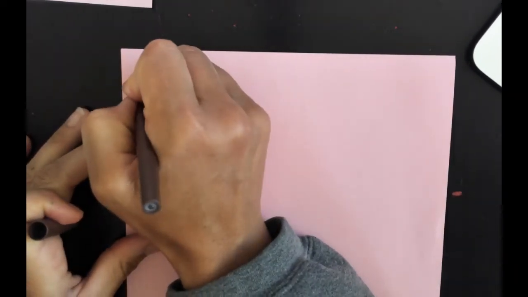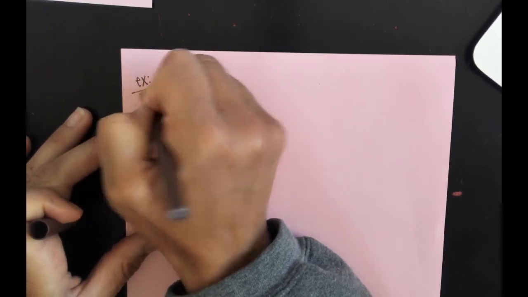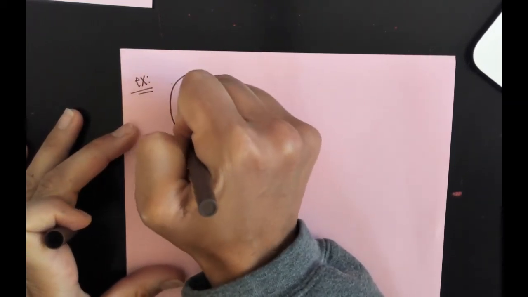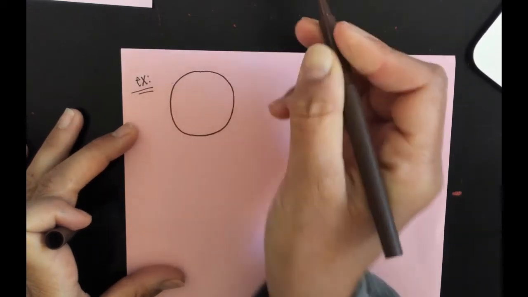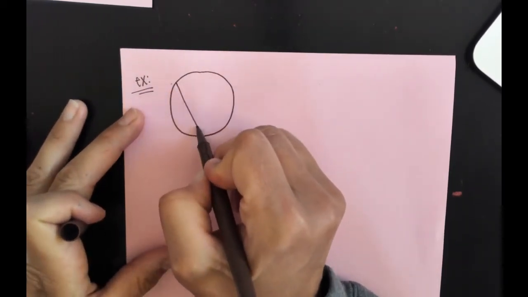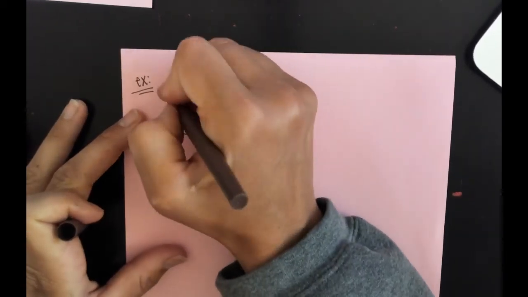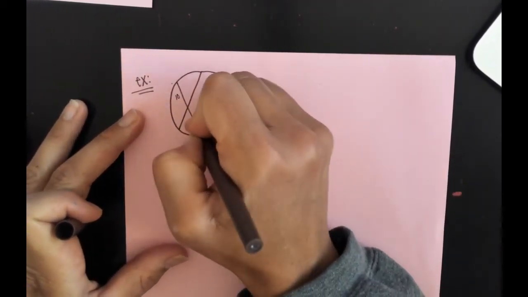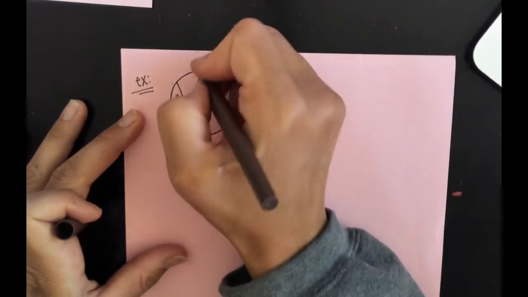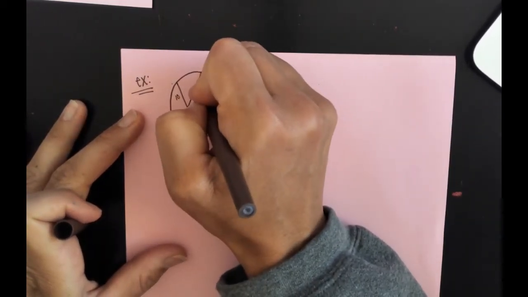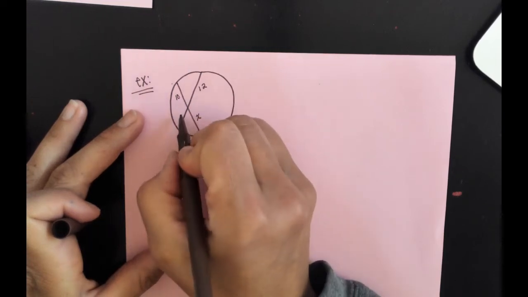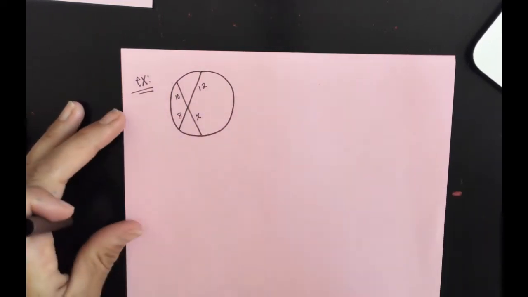So let's take a look at just a few examples and then we'll be done for today. So our first one, let's go ahead and look at our two chords. I'm going to go ahead and, similar here, talk about 10x, 12, and 8.